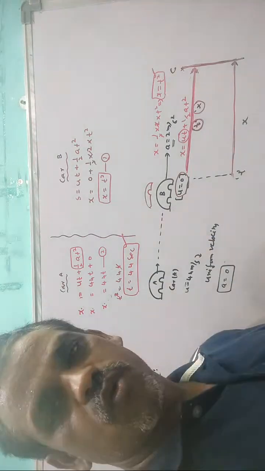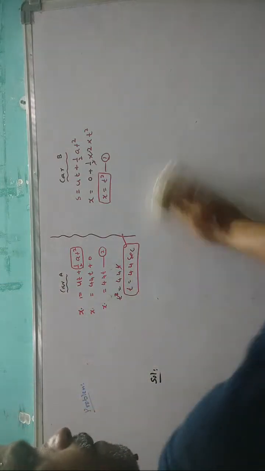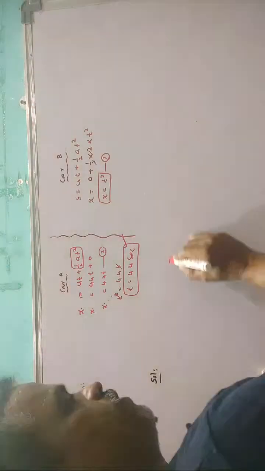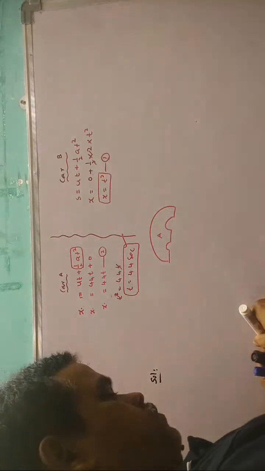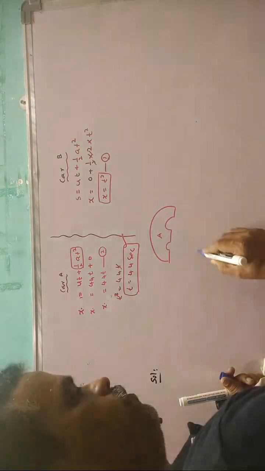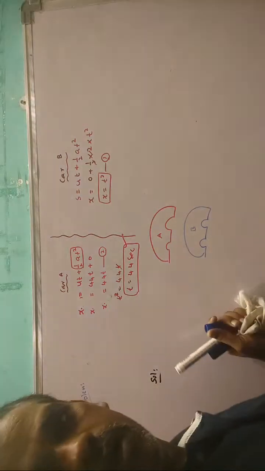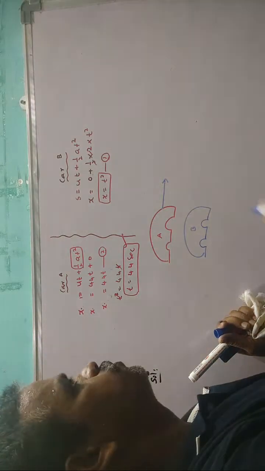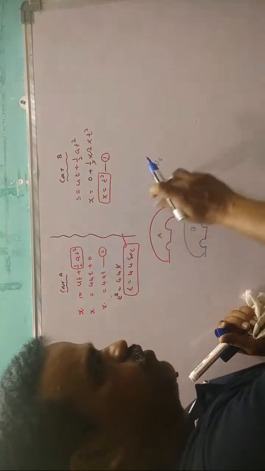I will explain one more time clearly to you. In the question he has given like this: car A and car B. For car A, it is moving with u equal to 44 meter per second, uniform velocity.